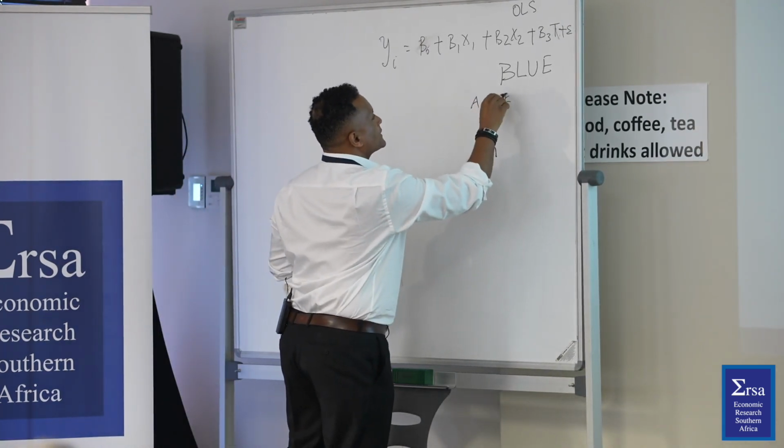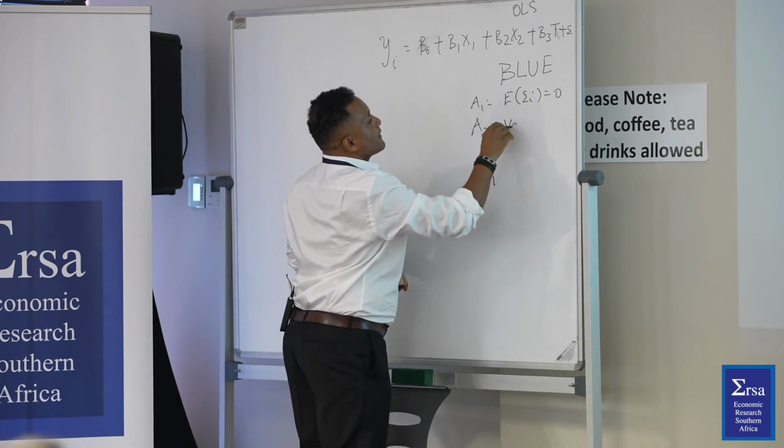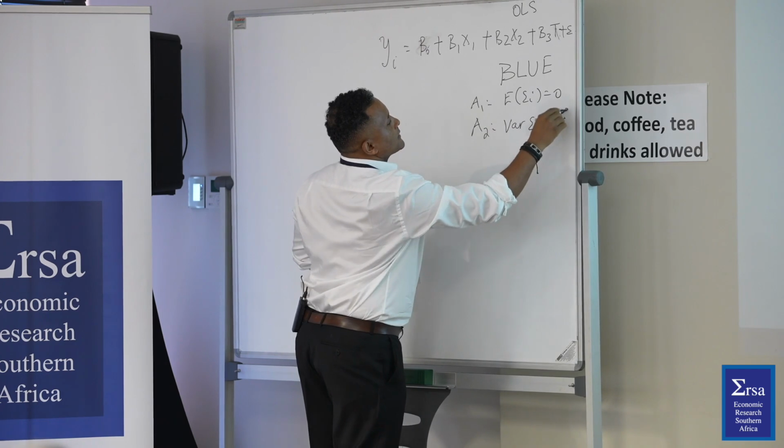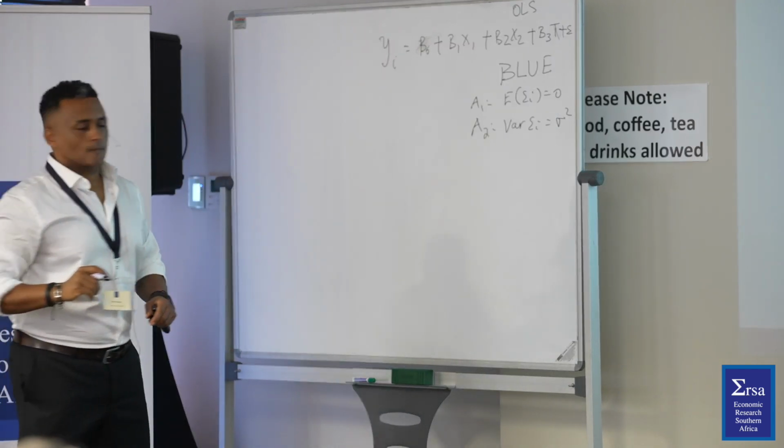A1 is the expected value of the error term is 0. A2, the expected value of E_i and x_i is 0. That means the error terms and the x variables are not correlated. A3, the variance of E_i is equal to sigma squared. This is what we call homoscedasticity.